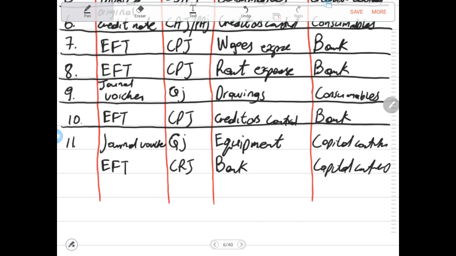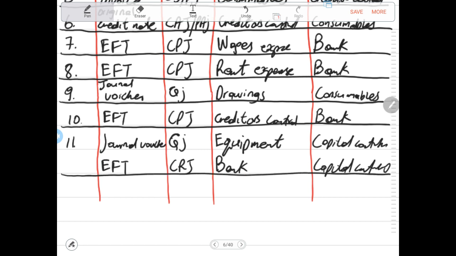Capital contribution. So this one gets to be divided or recorded twice. Another one will be general journal with the journal voucher. Another one will be cash receipt journal with EFT and the bank being debited and the capital being credited.